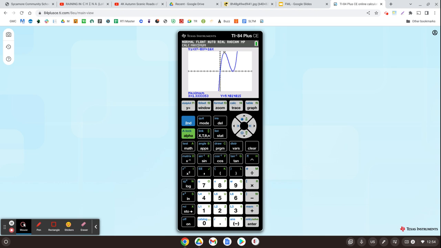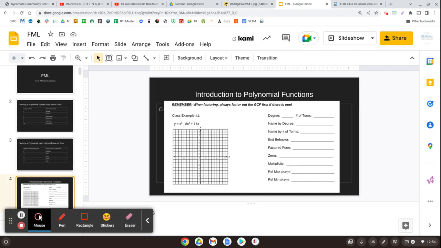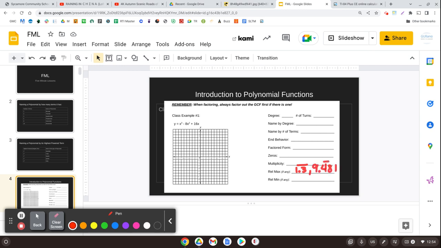I'll just estimate it for the sake of this exercise. 1.3 repeating, 9.481 repeating. So this one would be 1.3, comma 9.481. Probably be better off with that as fractions. The relative minimum, well, we said that that one would be 4, comma 0.